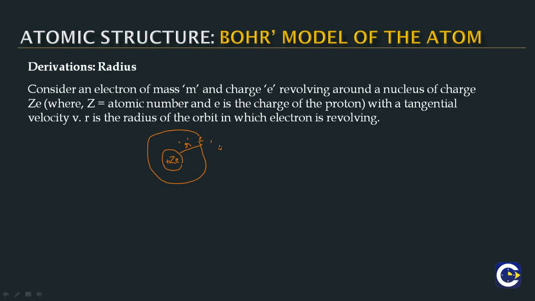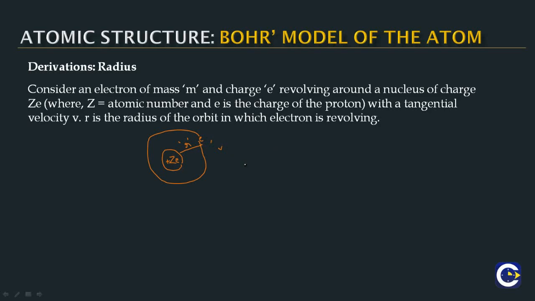The reason why Bohr's model is not valid for the multi-electron species is because Bohr's model only considers the interaction between the electron and the nucleus. It does not take into account the interactions between one electron and the other electrons, which means this model will be valid only for the hydrogen and hydrogen-like species. Hydrogen-like species are the species having a single electron.